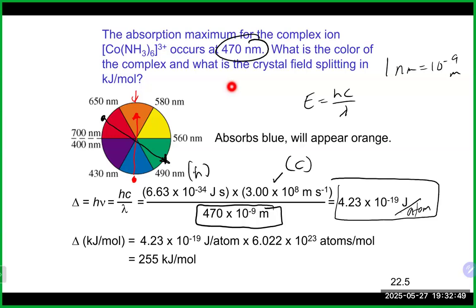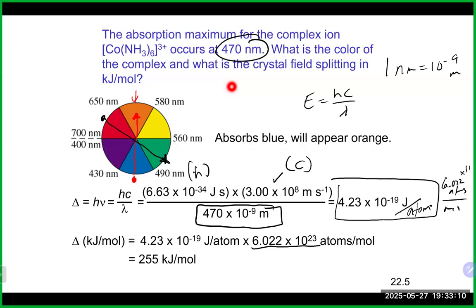And if we want it in kilojoules per mole, we can use our friend Avogadro's number, right? Which takes us from atoms to moles, and that is what that conversion is there. We put Avogadro's number up on top, 6.022 times 10 to the 23 atoms over a mole.